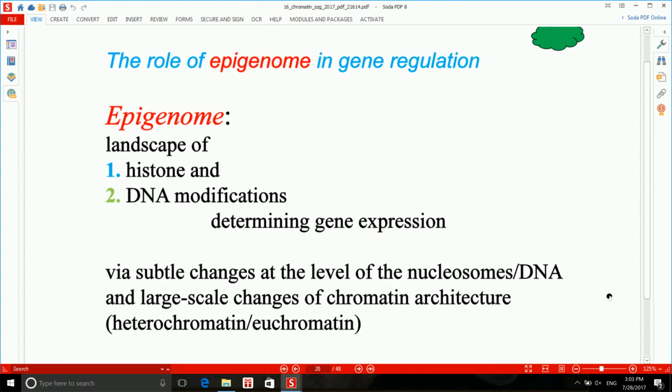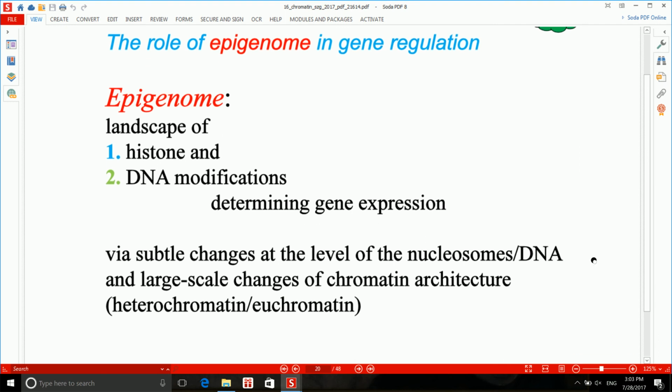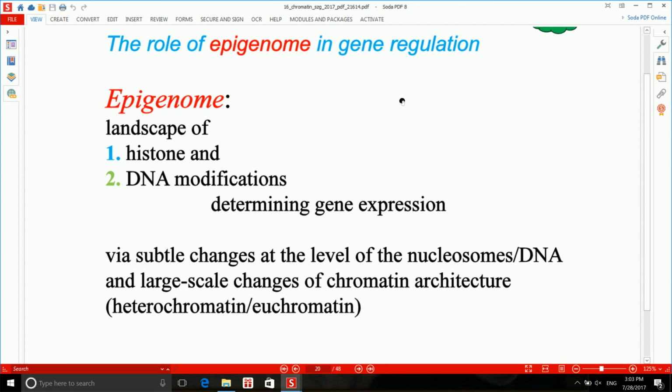Another factor which can really influence gene regulation is epigenetics, or the epigenome. Epigenetics is a sum of factors influencing gene activity that are over the information stored in DNA. So when we're talking about epigenetics, we don't have direct changes in the information stored in the DNA.